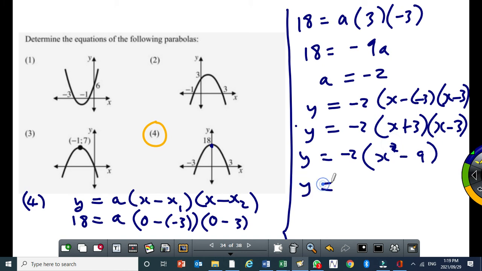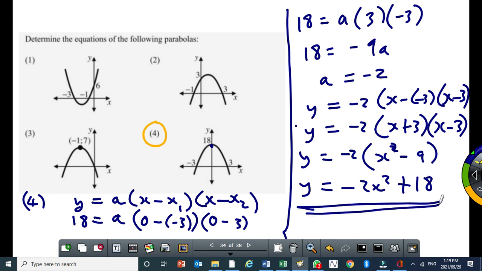And my final equation will be minus 2x squared plus 18. So that's my final equation. Okay, so that's my equation in standard form. Now, this standard form here is a grade 10 standard form. Okay, that's a grade 10 equation.